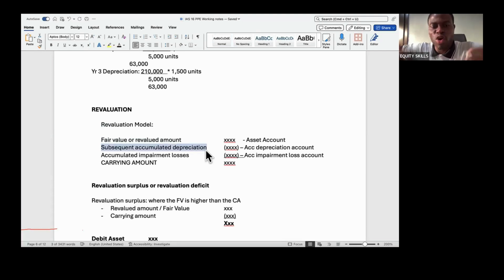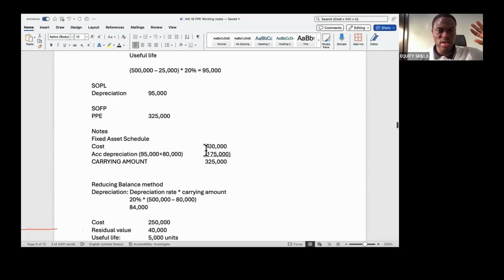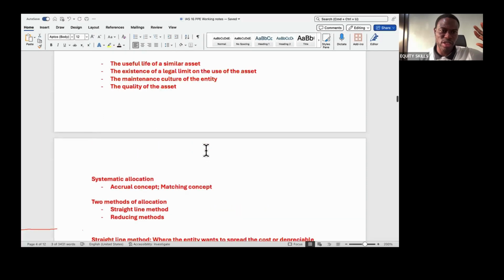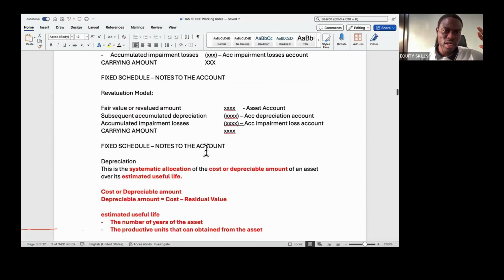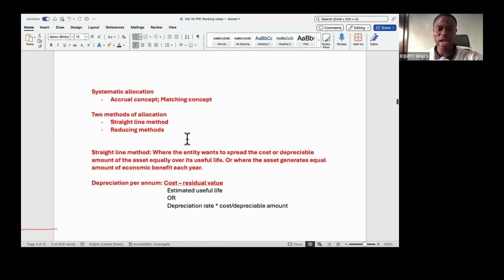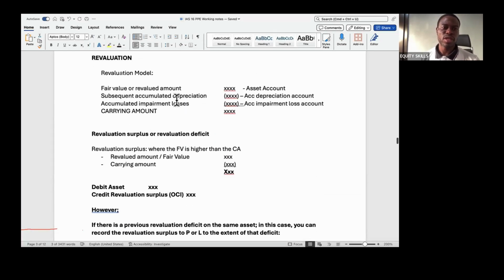That's why they say subsequent. So which means that all the prior depreciation will have been cancelled out. Under the cost model, we didn't have anything like that. There was nothing like subsequent accumulated depreciation. It was just cost minus accumulated depreciation straight on. Unlike the fair value revaluation model, it is fair value minus subsequent accumulated depreciation.